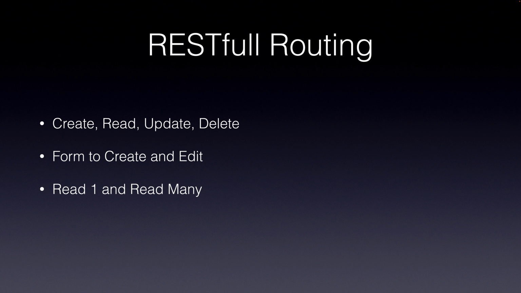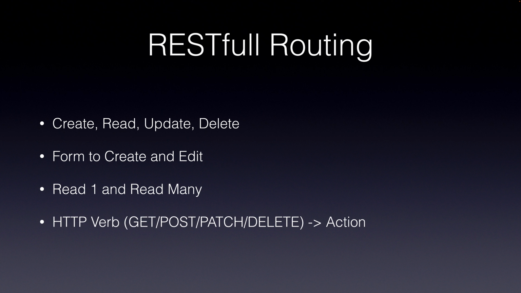So in total, there's 7 different actions that we would do with this database table if we count the 2 forms to create and update a row, and also one more action to read many rows instead of reading just one row. And RESTful routing is all about using the HTTP verb to specify what we want to do to our database.